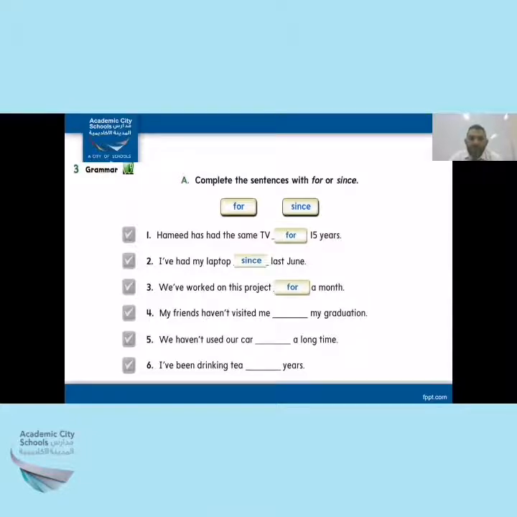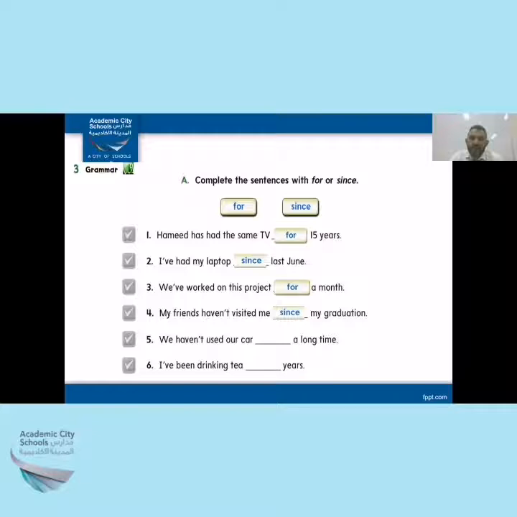Number 4. My friends haven't visited me, space, my graduation. Here we have, after the space, my graduation. Excellent. Since, because we have the beginning of an action. Number 5. We haven't used our car, space, a long time.